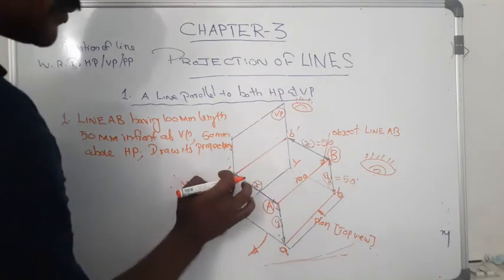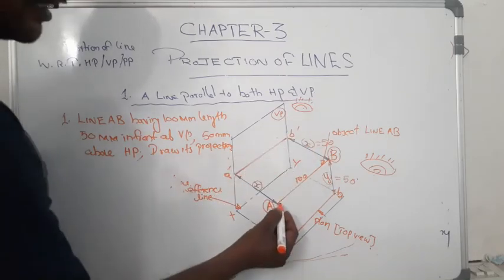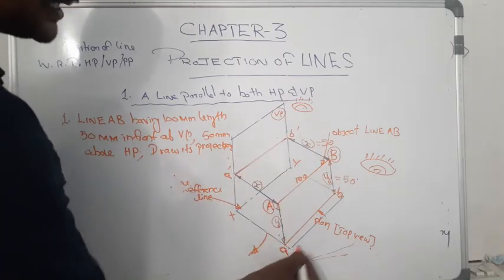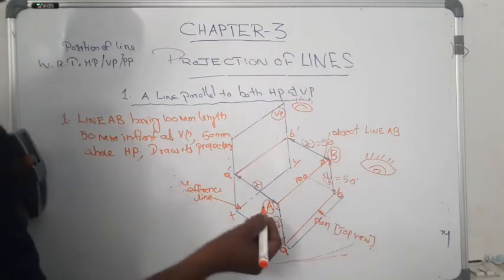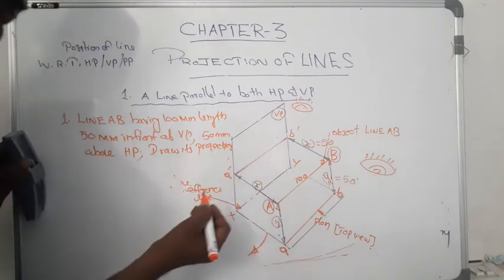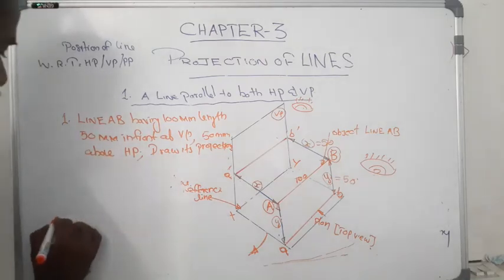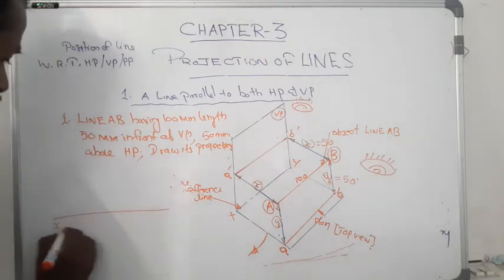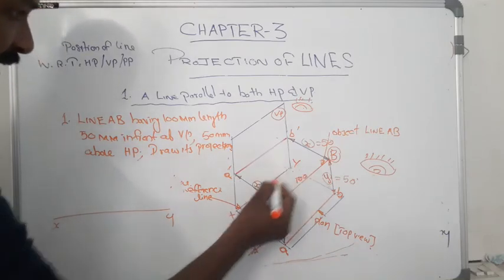Front view is marked with the alphabet with a dash and plan with the alphabet without a dash. When we have to project the front view, first we have to draw the XY line. This is our reference line.